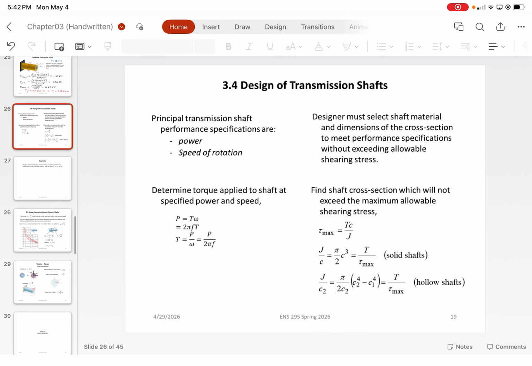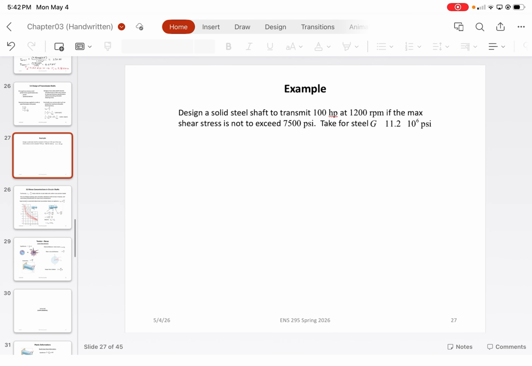In this case, the maximum shear stress is what you would design for, and then you can figure that out from there, knowing what the polar moment of inertia would be and what the required radii would need to be.